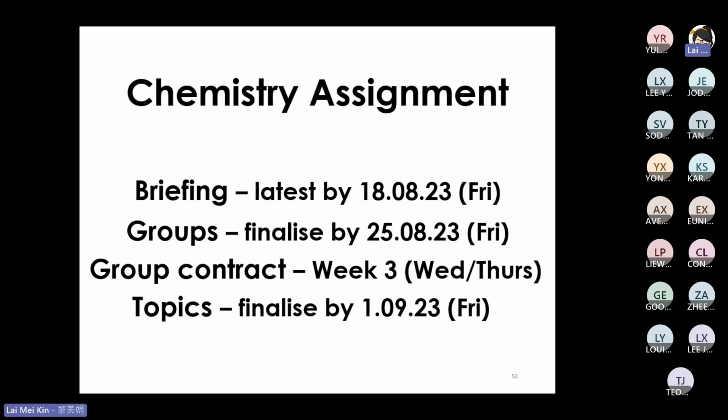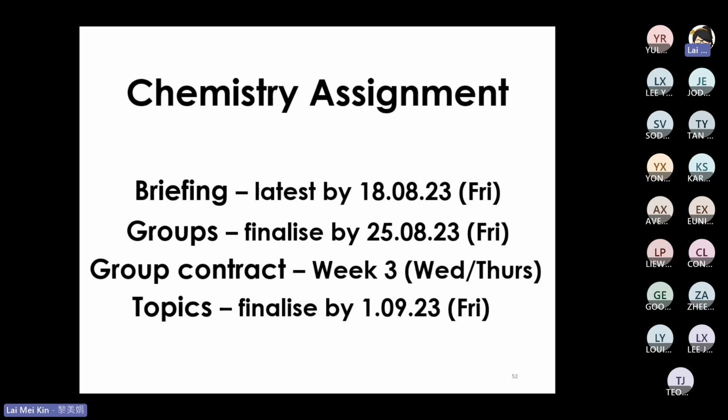All right, the groups, how many person per group? It will be 5 to 6 students. You can start to find members, but I will have a limit. How many group 5, how many group 6? But I cannot tell you now because I haven't got the finalized number of students.